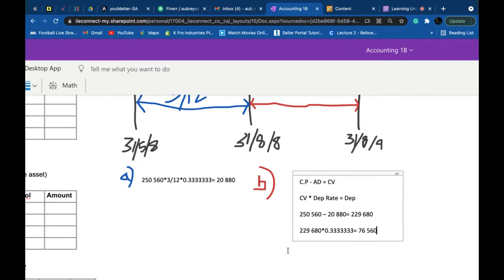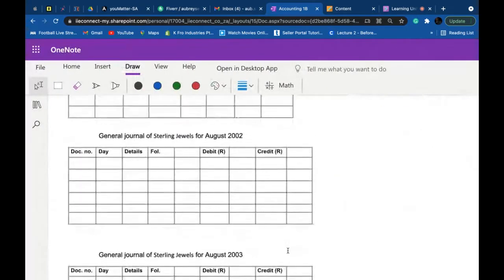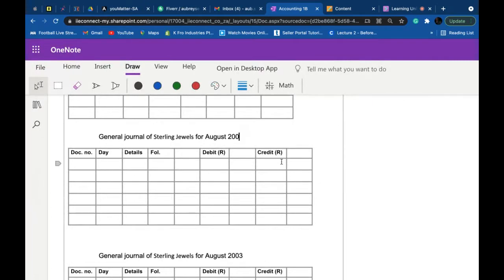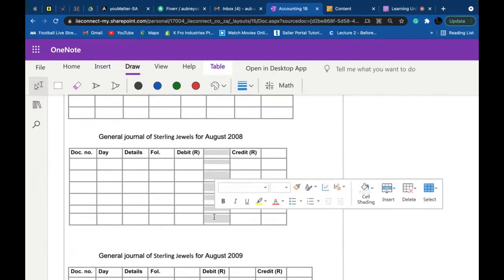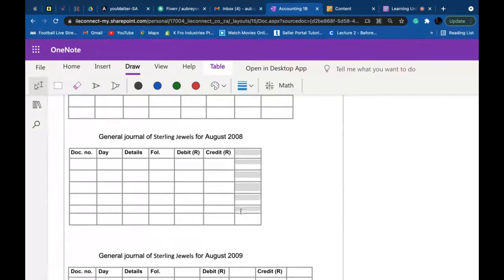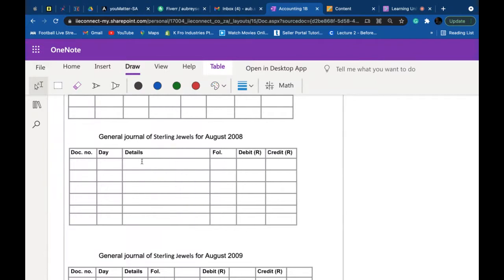We need to just replicate what we did in the first exercise, in terms of what we debited there, what we credited there. So let's go to the general journal. Here again, we know that we're debiting depreciation, and that was for 20,880.